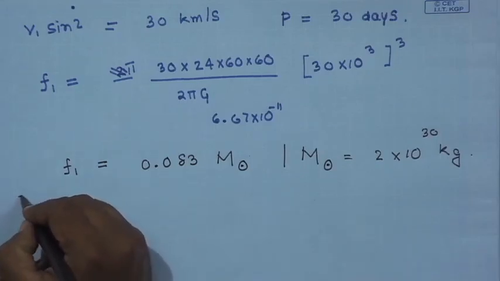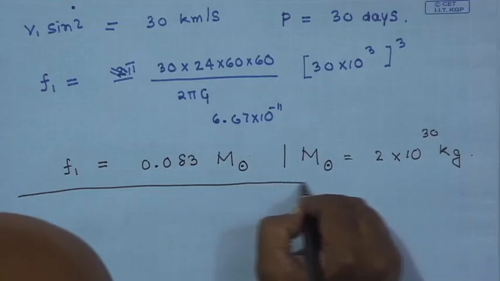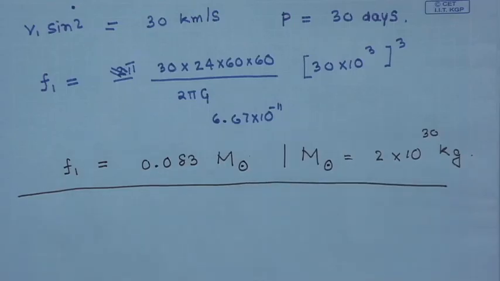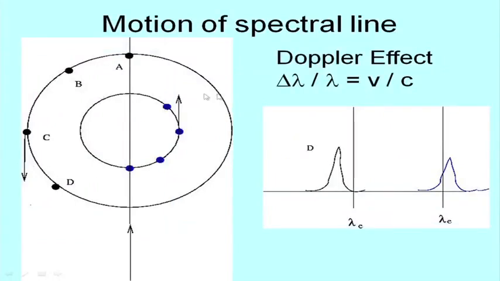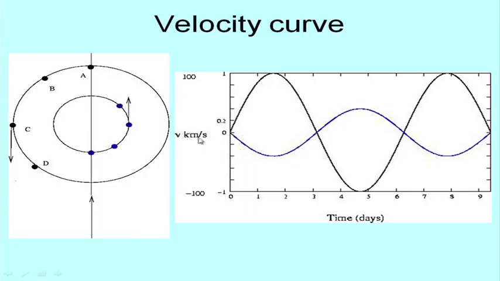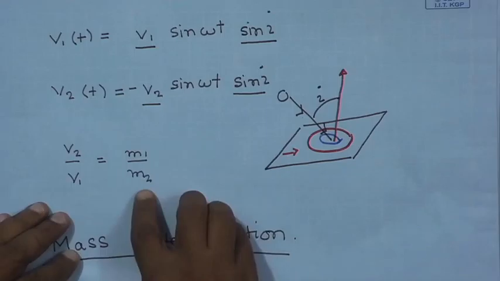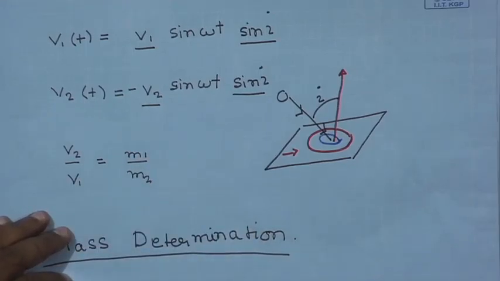Okay. Now let us see how you can use this to infer the masses. Let me just shortcut the entire discussion. It is equivalent to what we have been talking about. We have seen that the ratio of the peak velocities is inversely proportional to the masses.